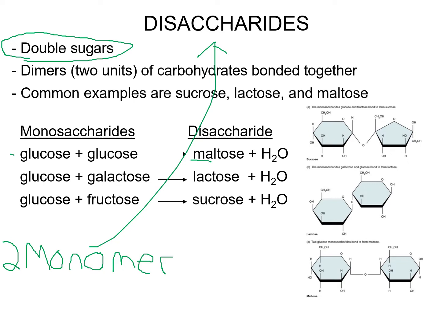So take a look at glucose plus galactose, which is also a monosaccharide. This equals a different type of disaccharide called lactose. And then when you get an -ose and another -ose, it makes a different type of -ose down here. But if you look at the disaccharides, maltose, lactose, sucrose, what else is part of this equation or part of this reaction here?